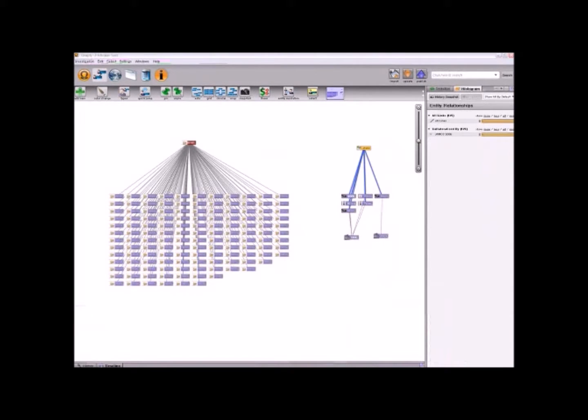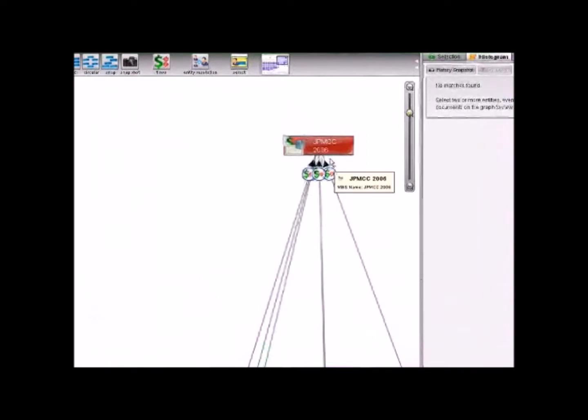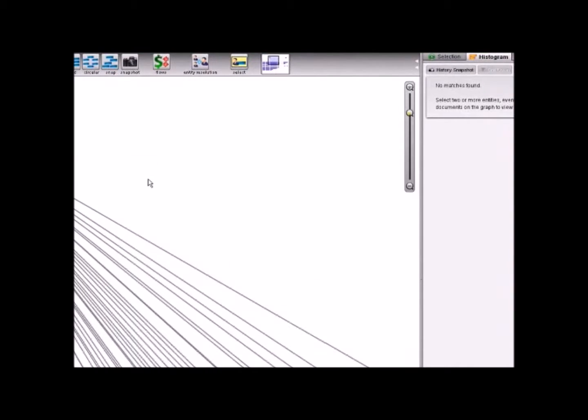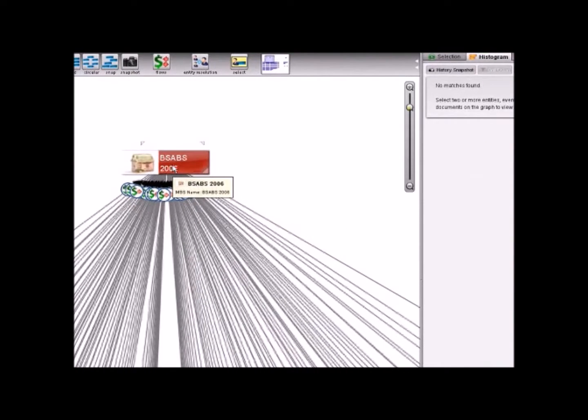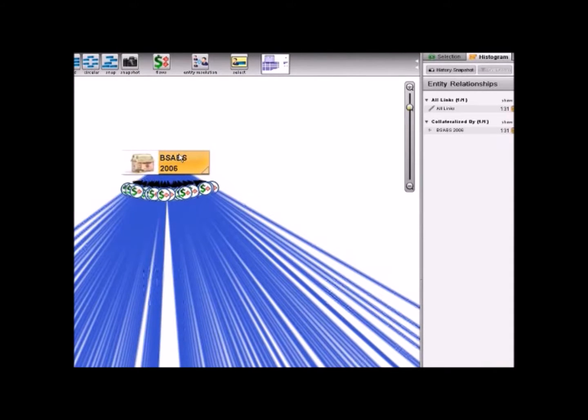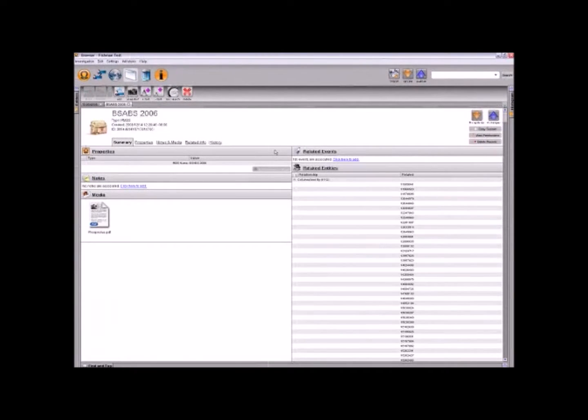There are 2 structures collateralized by this set of mortgages. A commercial mortgage-backed security created by JP Morgan and a residential mortgage-backed security created by Bear Stearns. Let's take a closer look at the structure created by Bear Stearns.